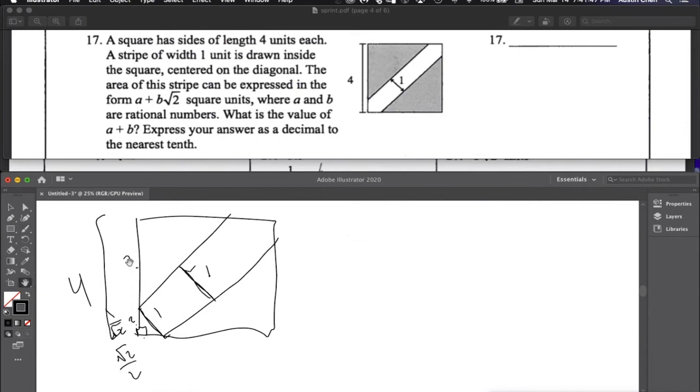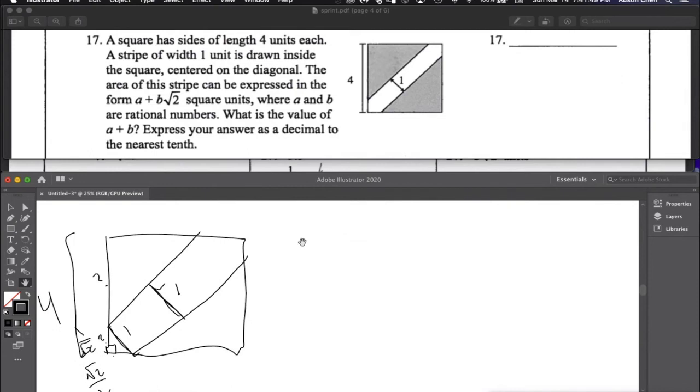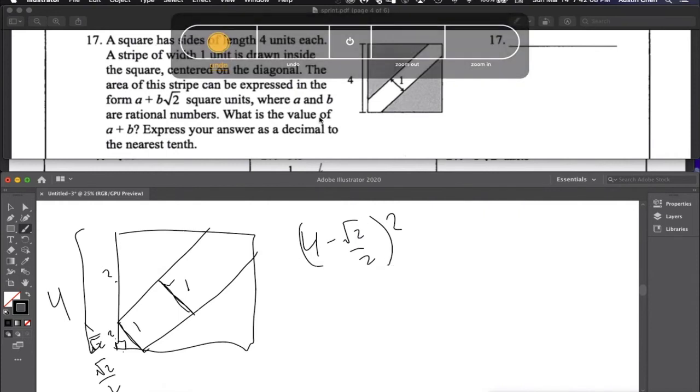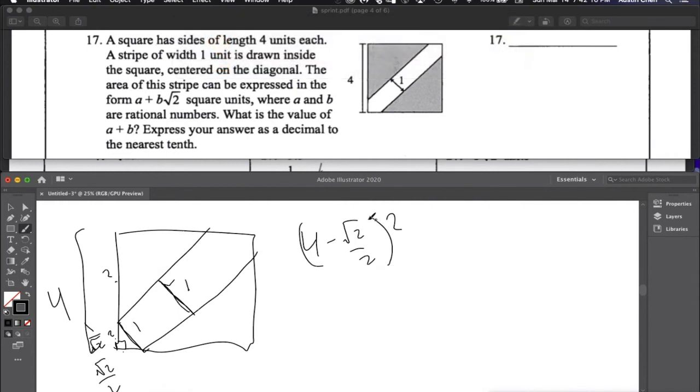Then the edge of the triangle is going to be 4 minus root 2 over 2. So the area of one of these triangles is going to be (4 minus root 2 over 2) squared over 2. Both triangles is just this times 2, so getting rid of the over 2. Then we just need to subtract this from 4 to get the area of the stripe.